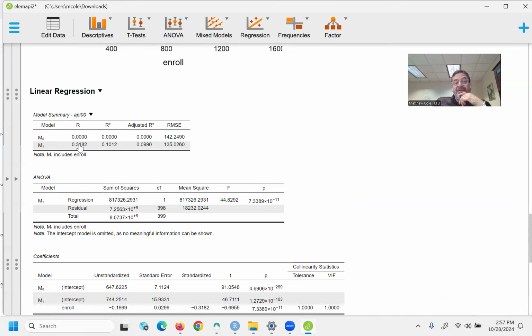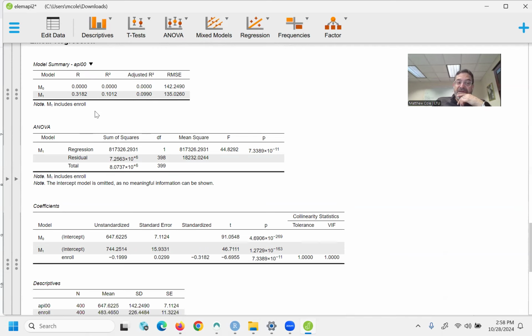So when we added in enroll, which we already knew had that correlation of 0.318, when it's squared, it's 0.1. So that's about 10% of the variance in API explained by whatever is in model 1. In this case, model 1 just has one predictor, which is enroll.